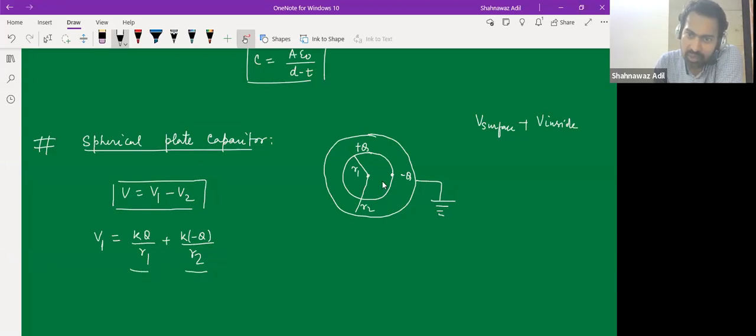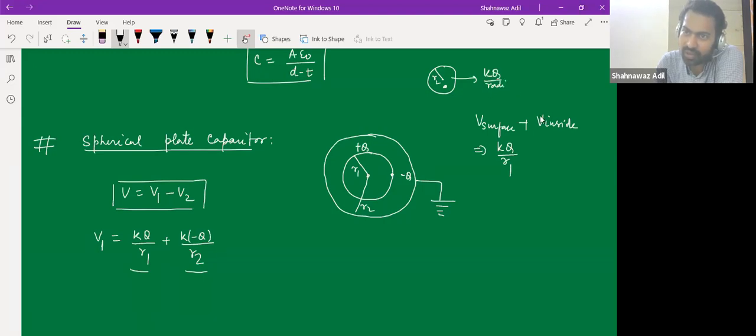The surface one is KQ by R1. Inside the hollow sphere, with radius R2, we already know the potential is KQ by radius.